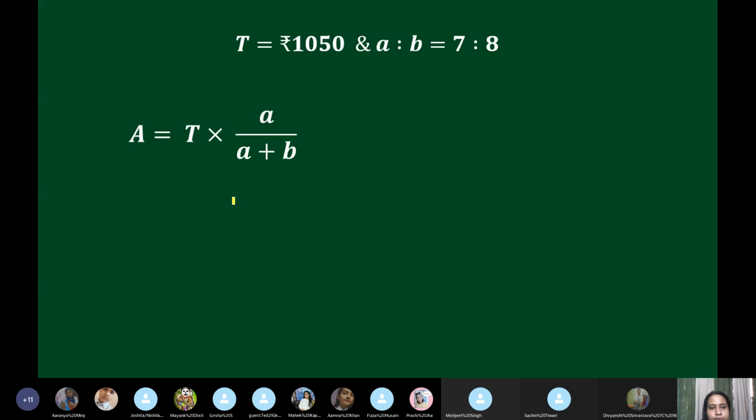So we will just substitute the values. T is substituted by 1050, A is equal to 7, and A plus B is equal to 7 plus 8.